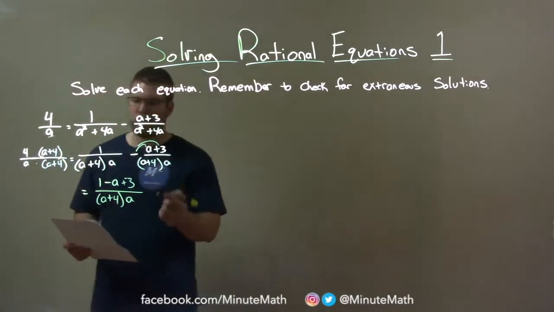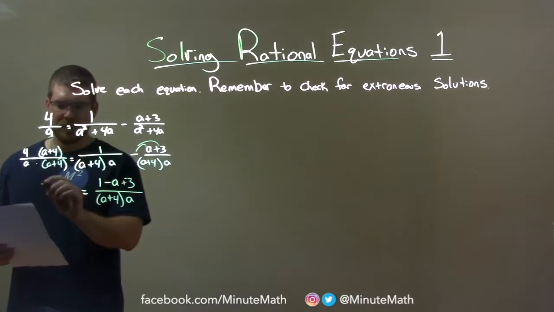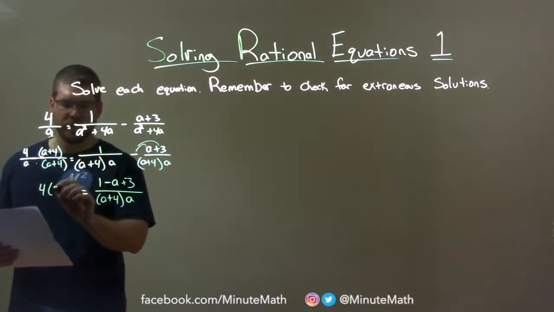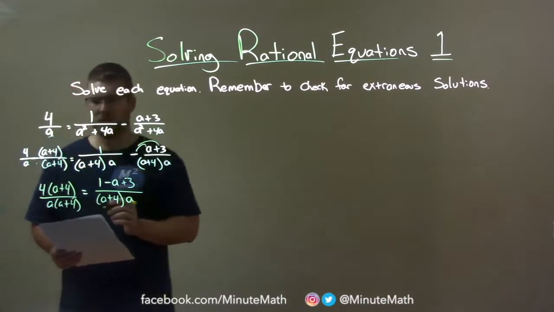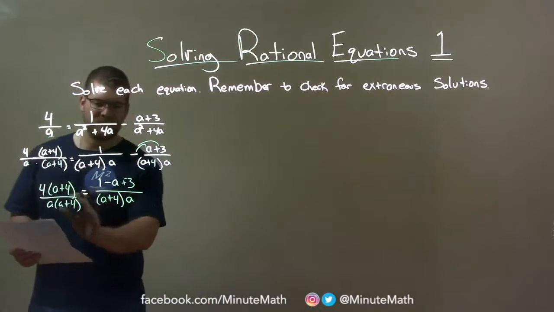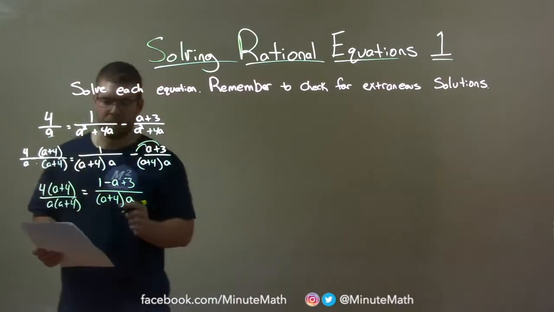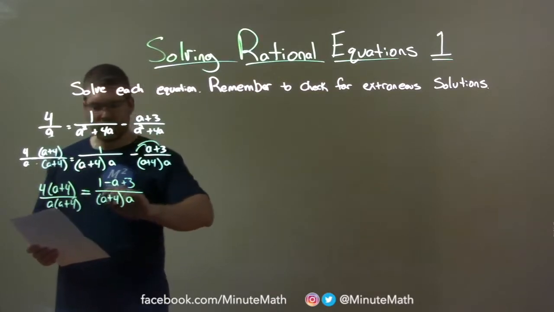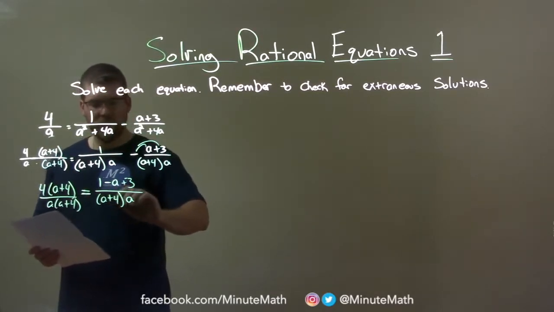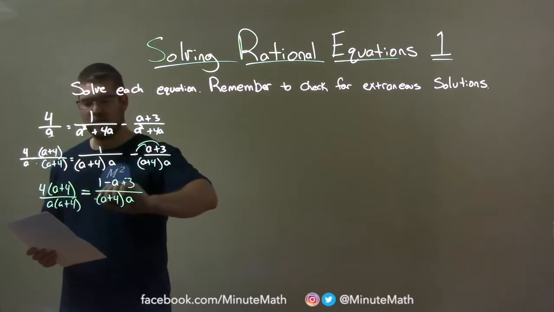All right. Left-hand side, same thing. I'm just going to leave it here. I'm not going to distribute it yet. 4 times A plus 4 over A times A plus 4. Now, same thing, remember it's just flipped around, but they're the same denominator. Instead of cross multiplying, I am just going to multiply this denominator up here to the left.